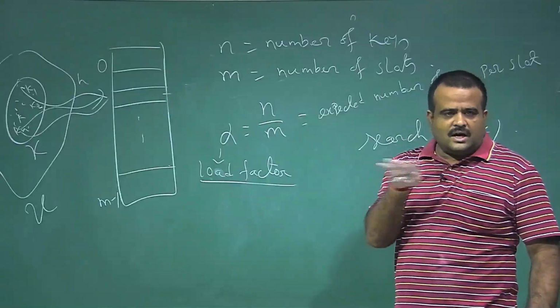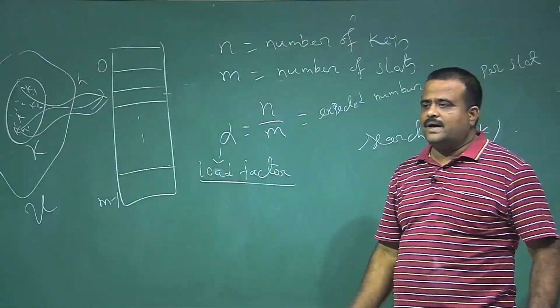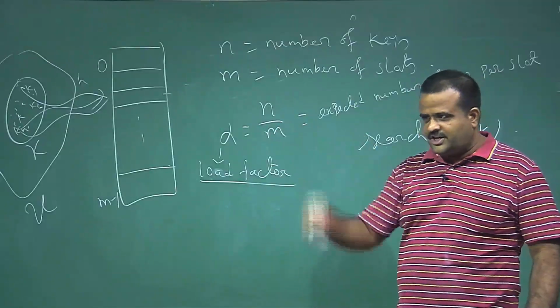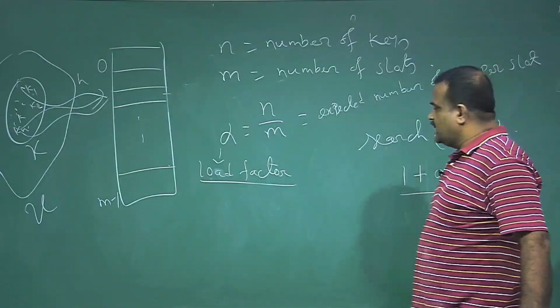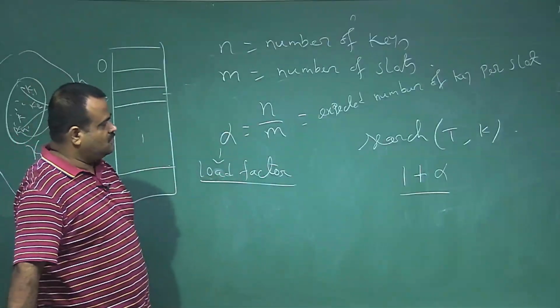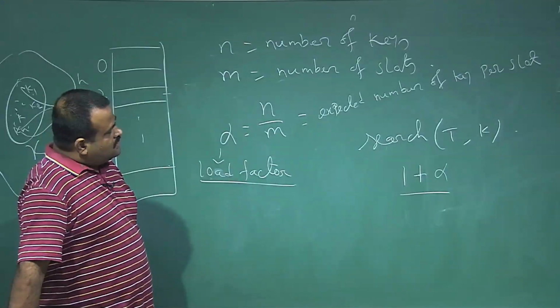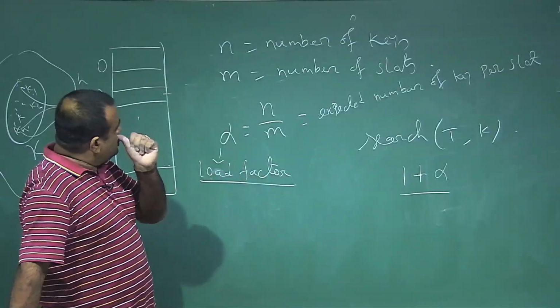So we just have to scan that list, that chain. That will take this much time. So this is the time for searching if our hash function is distributing the keys uniformly. Okay, so this is the analysis of the chaining method.